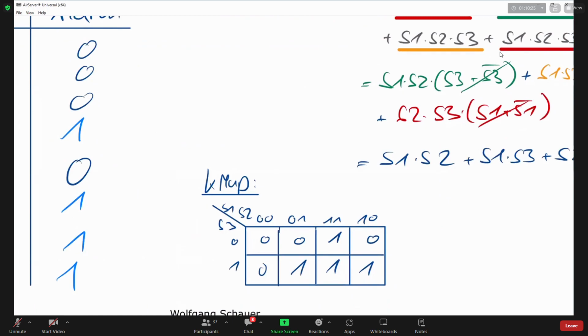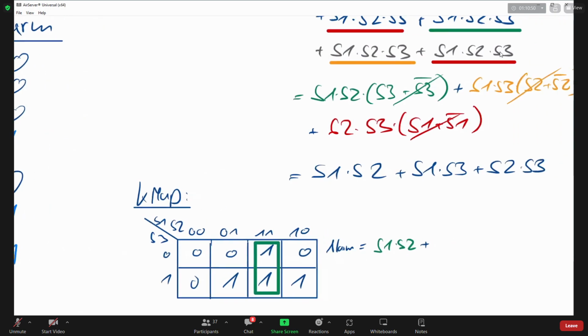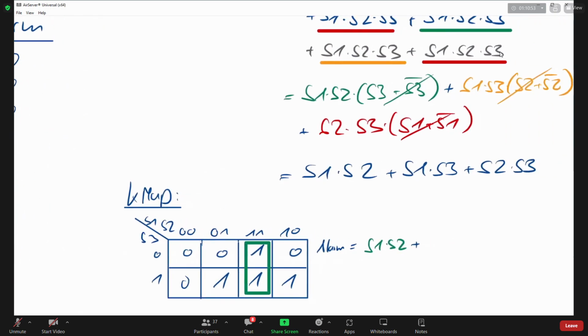So here I have S1, S2, independent from S3. Or S1, S3, the orange one.